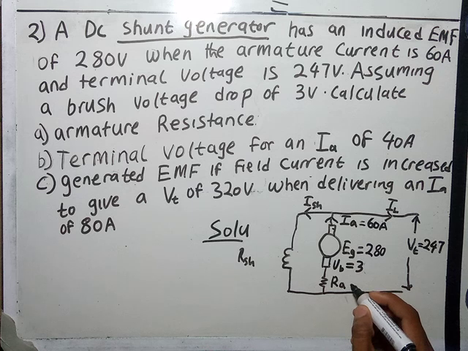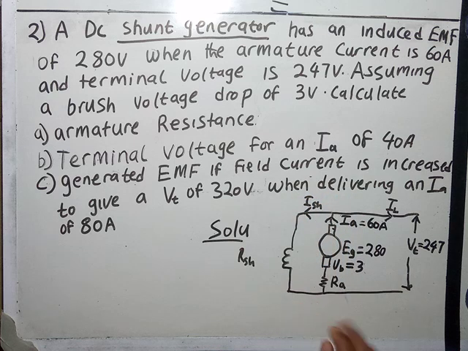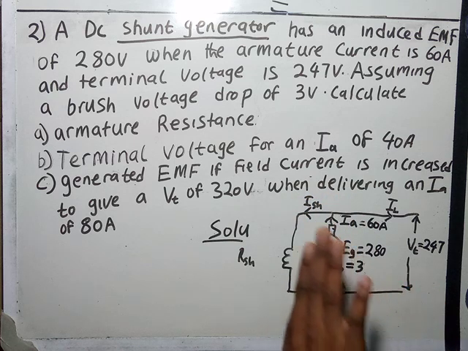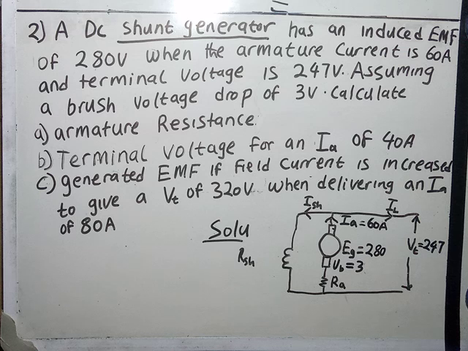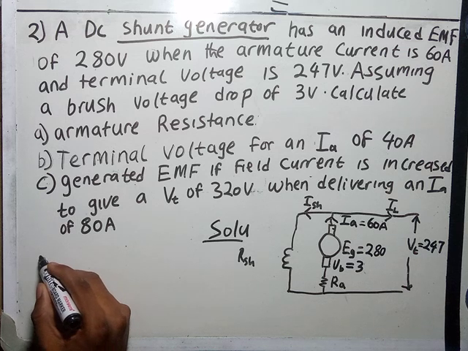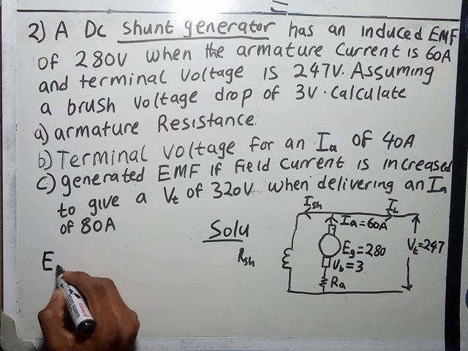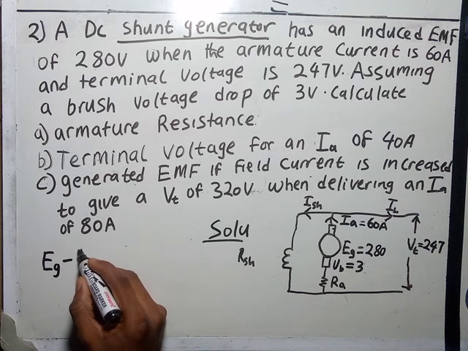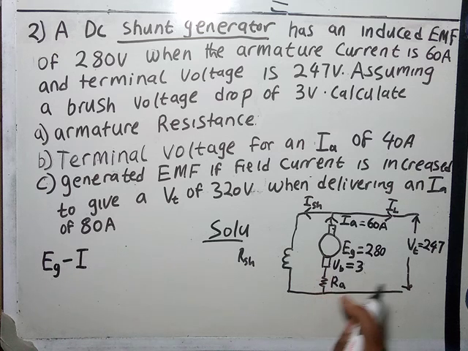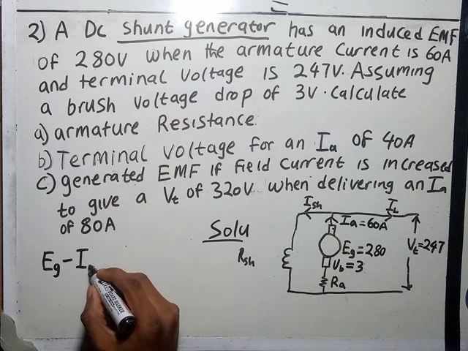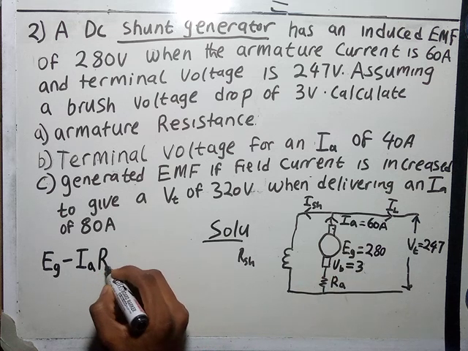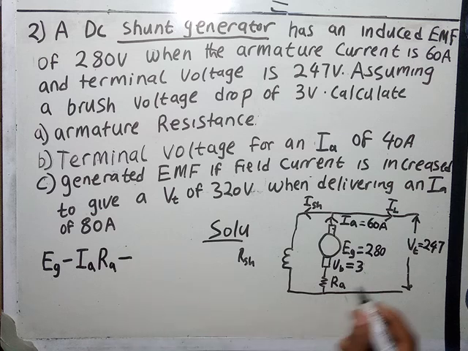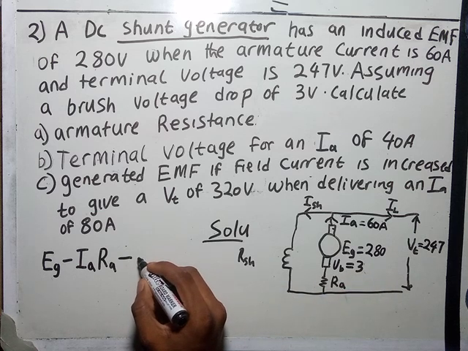Our armature resistance, we want to find it. We don't know what it is. Now they didn't give us anything concerning this region, so I guess our equation will be focusing more on this other part of it. So we have that our EG, which is being generated, will subtract the voltage drop due to the armature resistance, and also reduce due to our brush voltage drop.